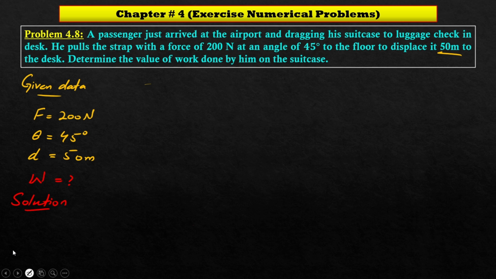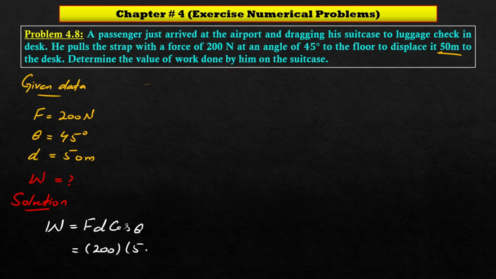As we know that the formula of work done is W is equal to F D cos theta. By putting values in this formula, F is 200, D is 50 meter, and theta is 45 degree.